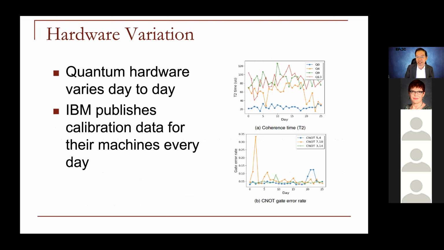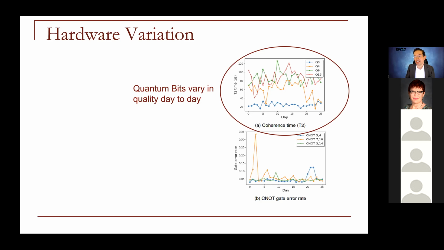Here on the top right, you can see that various qubits, denoted in different colors, Q0 through Q13, vary on the y-axis. We have a measure of the quality of the qubit, and you can see that it varies significantly from day to day on the x-axis. And it's not even the same qubit that's the worst qubit every day, right?